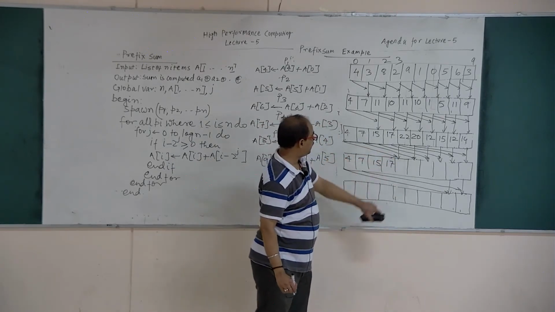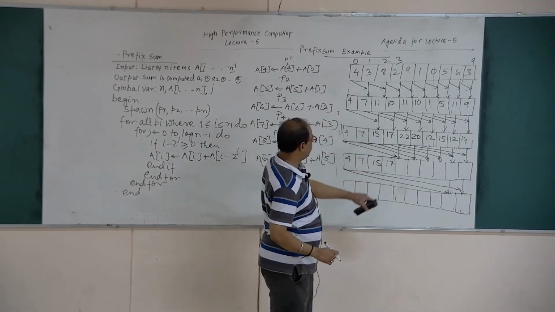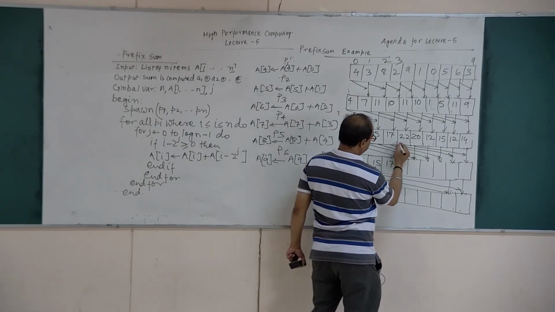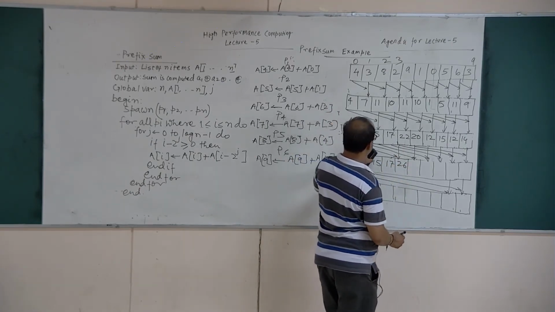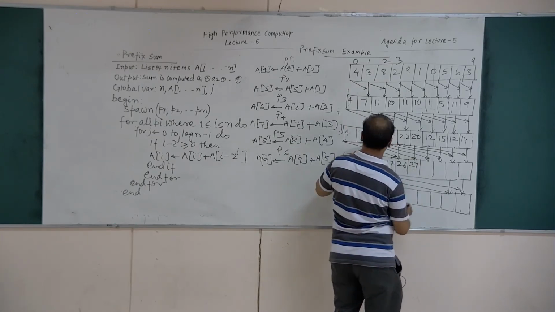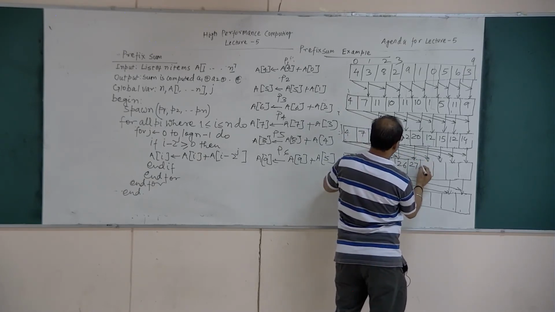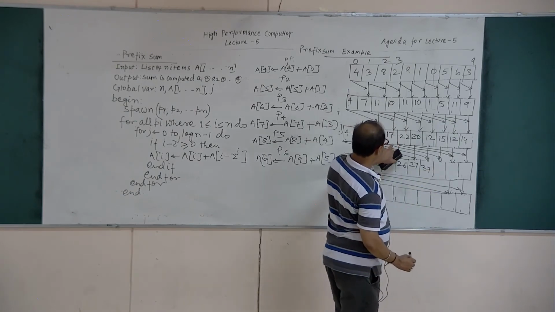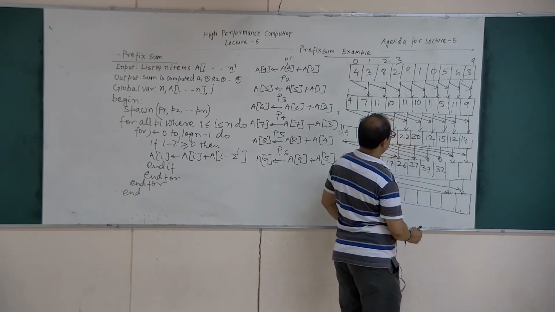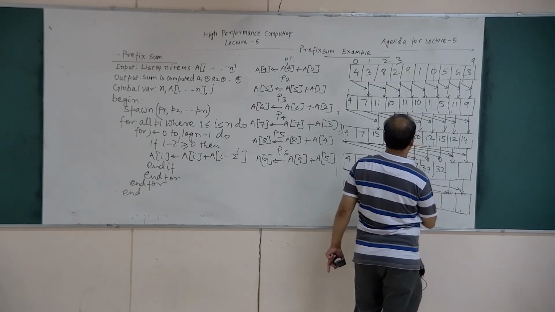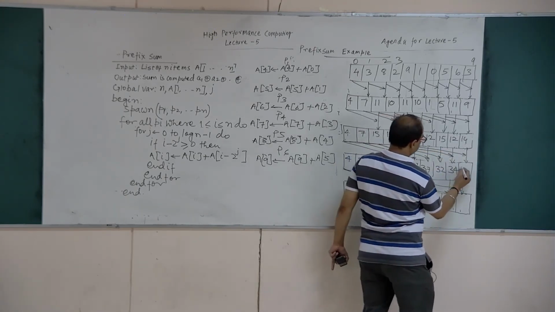So now 4 is added with 17, so it will give you 4 is added with 22, so it will be 26, and now 7 is added with 20, so it will be 27. 15 is added with 12, so it will be 37, and 17 is added with 15, so it will be 32, and now 22 is added with 12, so it will be 34, and 20 is added with 14, so it will be 34.